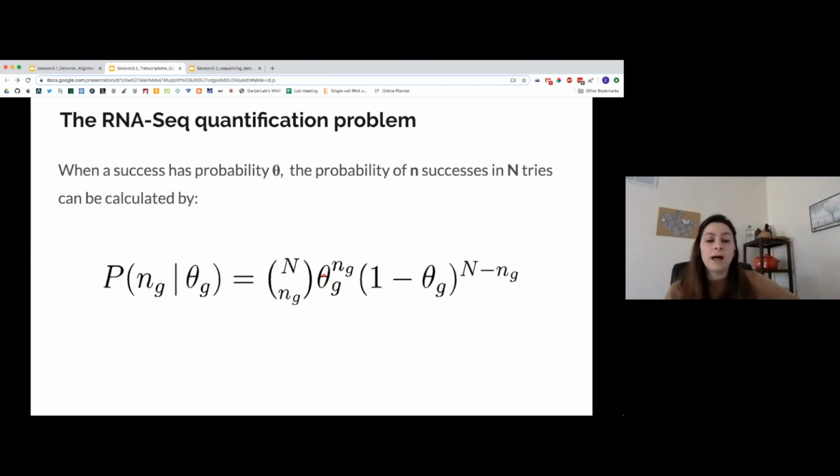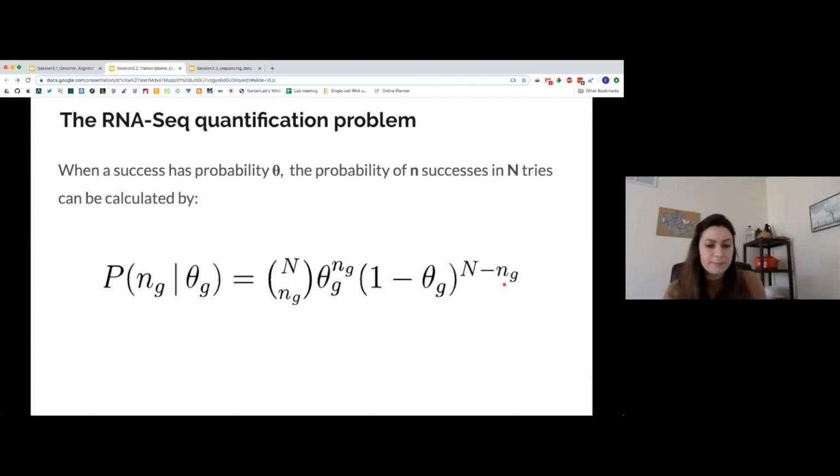multiplied by the probability of n successes, which is theta to the power of n, and that is multiplied by the probability of having capital N minus lowercase n failures, which would be 1 minus theta to the power of N minus n.